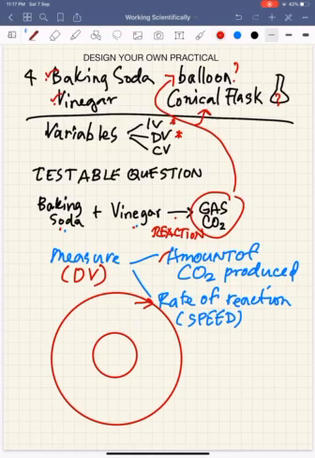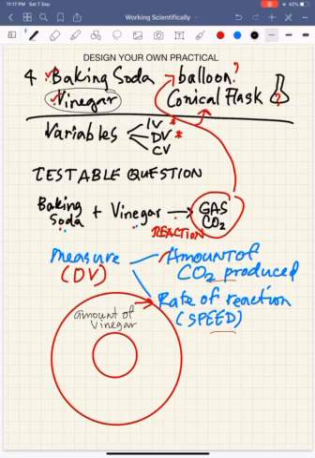All the things that can affect either the amount of CO2 produced or the speed of reaction. In the class discussion, we said that we can change the amount of vinegar, because vinegar is one of the chemicals we're using.